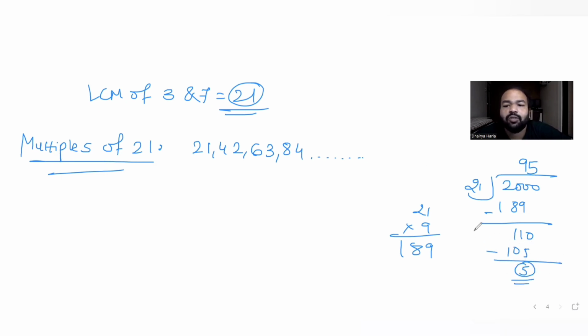So the last number from 1 to 2000 divisible by 21 would be 1995, because I'm getting a remainder of 5. So I'll just subtract 5 from 2000. That will be my last term.